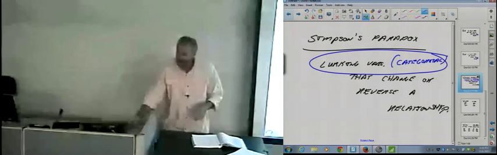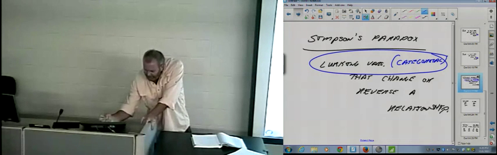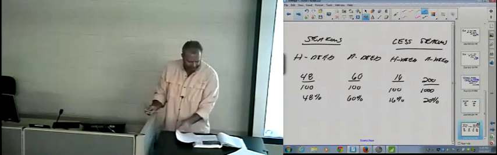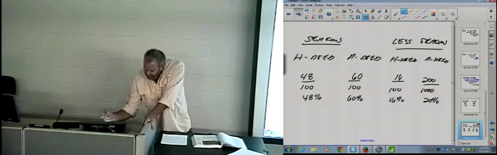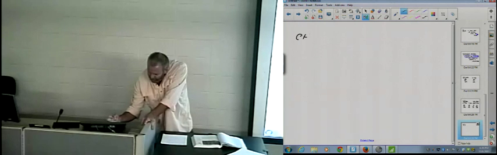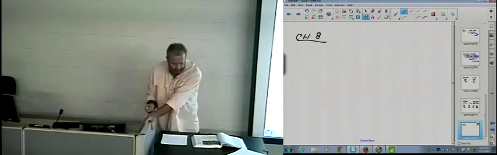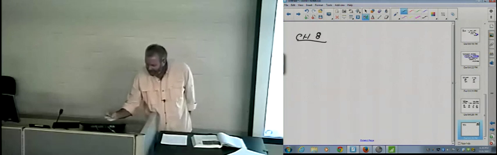All right? And chapter 8, on page 203, the title of it is Producing Data.